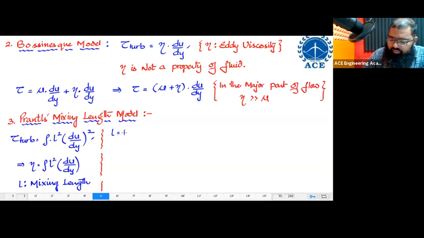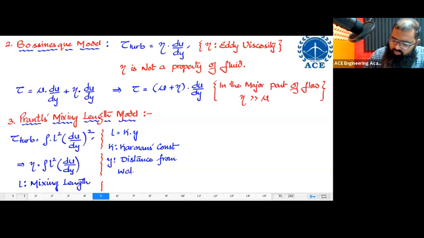The value of L is equal to K times Y. K over here is known as Kármán's constant, and Y over here is the distance from the wall of the pipe.